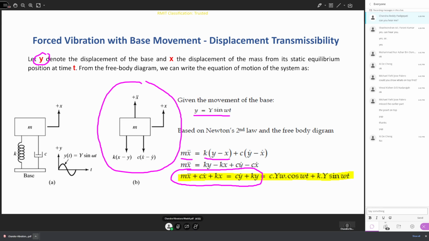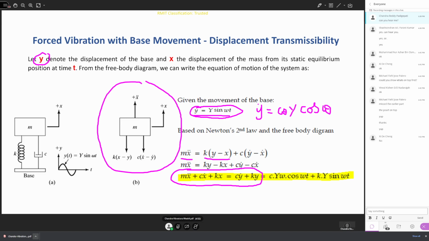So this one we can write as c into y dot, where y dot is the velocity of the base. If y is y sine omega t, then y dot will be the derivative of this y. So you can simply write omega y, and sine omega t becomes cos omega t.